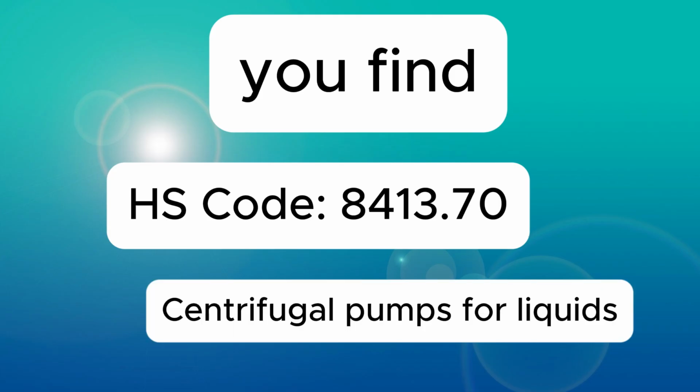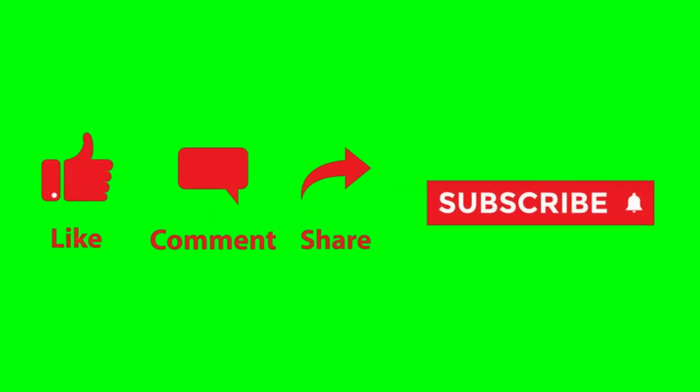It says centrifugal pumps for liquids. So this is the correct 6-digit HS code, and it appears in the customs tariff book exactly this way. Now you have clearly defined the 6-digit HS code for the product.